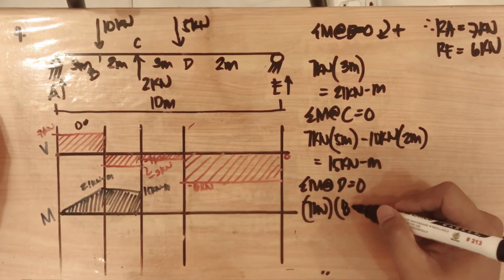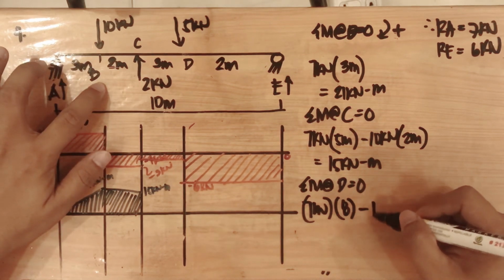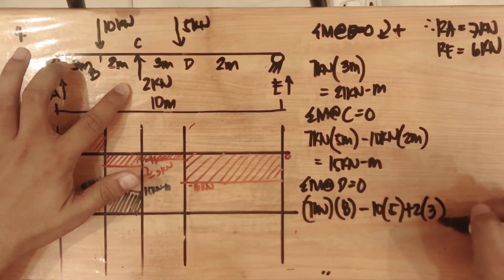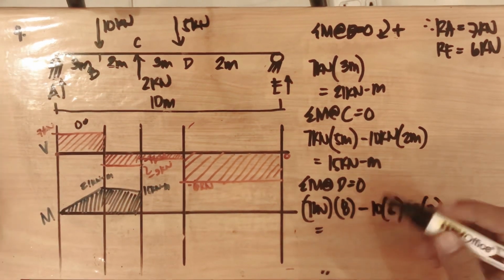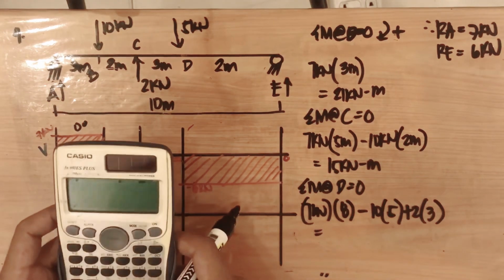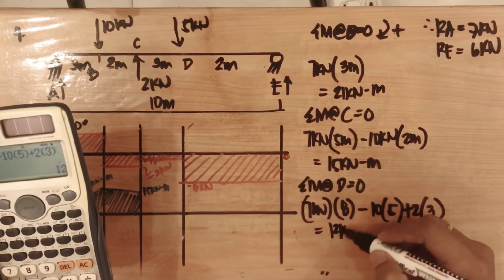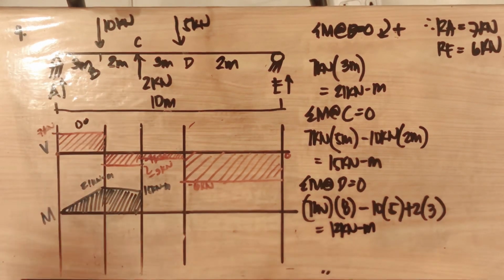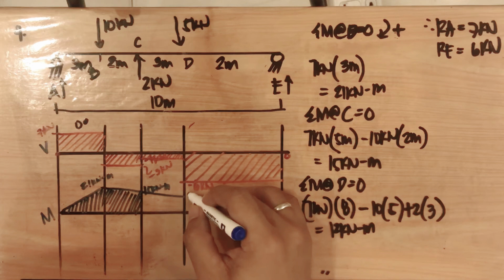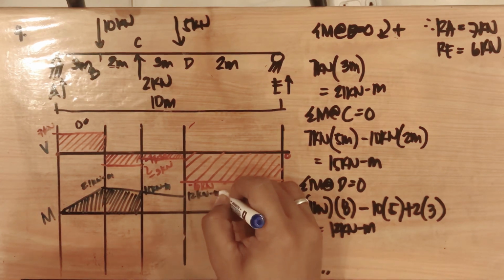So, 8 meters minus 10 times 5 plus 2 times 3. So, ilan yung ating moment at D? So, 7 times 8 minus 10 times 5, plus 2 times 3. So, moment natin is 12 kilonewton per meter. So, from 15 kilonewton per meter, bumaba tayo ng 3 kilonewton per meter. So, naging 12 kilonewton per meter.